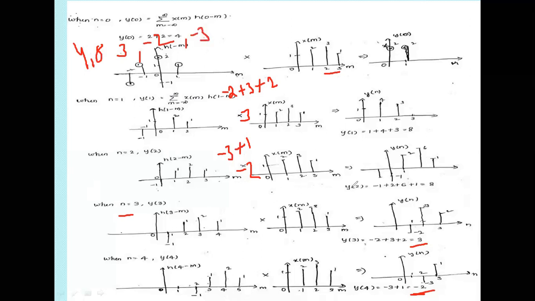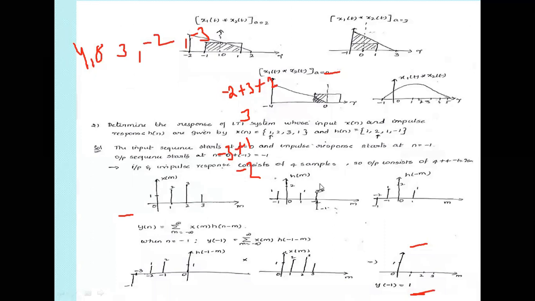So whether we are getting the same values, whatever we got, let us examine that. What is given here? X values. X value is 1, 2, 3, 1. H values are 1, 2, 1, minus 1.